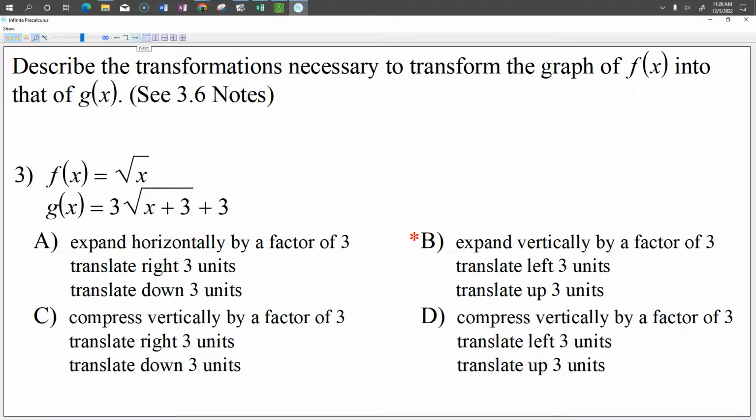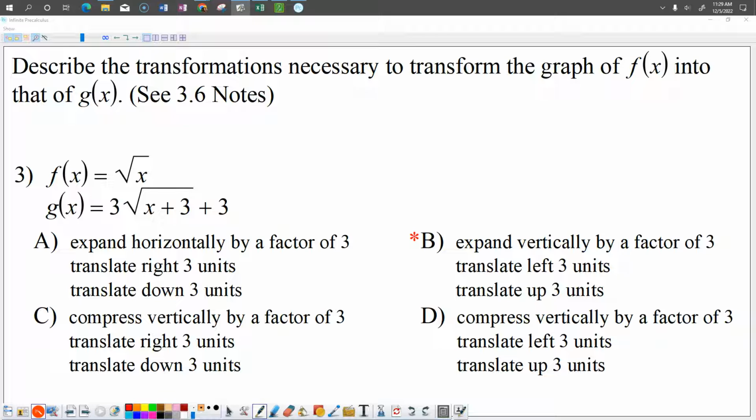I'll let you guys do the even ones. Okay, so for this one, we have a number outside of the square root. That's my a value. We do not have a b value this time, but we do have an h value here. I'll put +3. And we also have a k value.